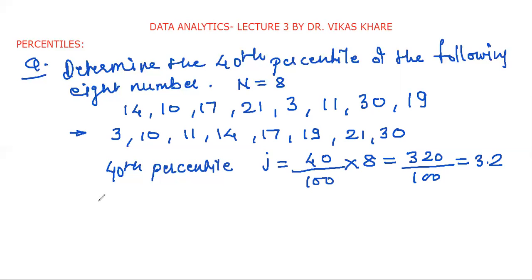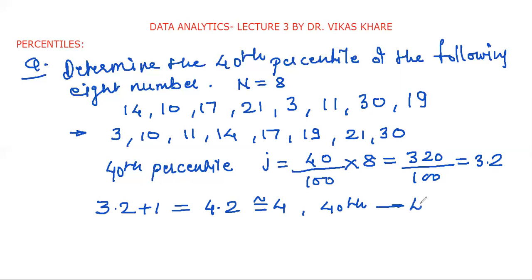So in that case, 3.2 plus 1, because the condition is j plus 1, is equal to 4.2. As a round figure, 4.2 is just 4. So the 40th percentile is located at the 4th position of the given data set.